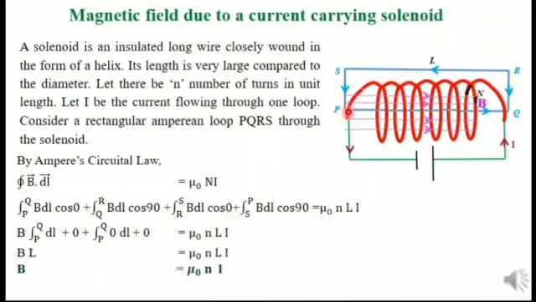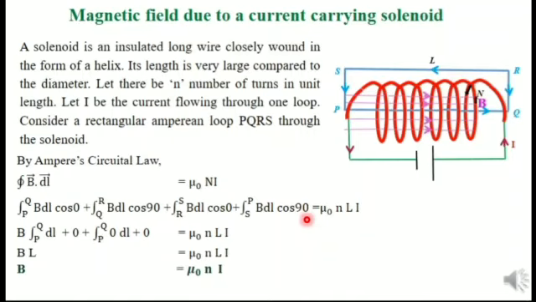Since the magnetic field and small part of the Amperian loop SP are perpendicular, the angle between B and dl is 90 degrees. So the fourth term is integral S to P B dl cos 90.